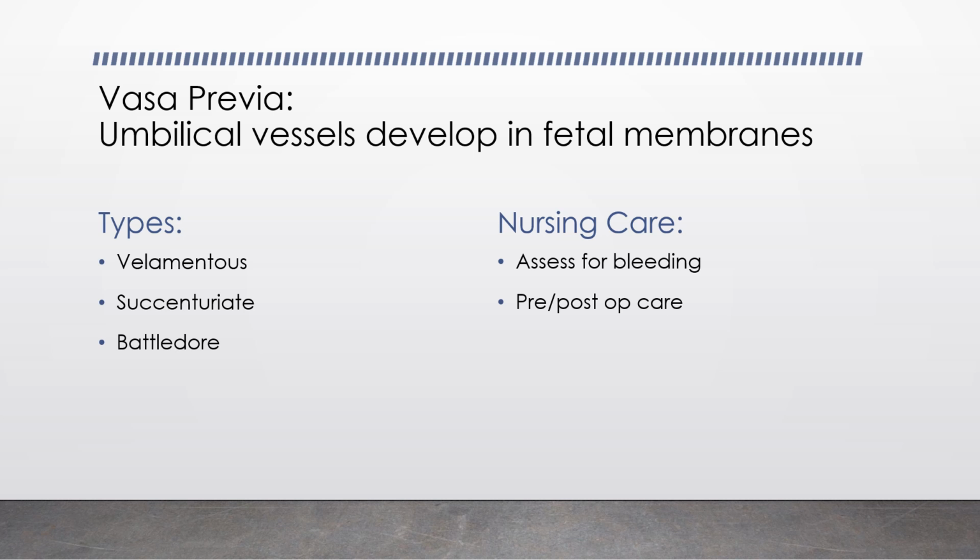Usually this is identified on fetal ultrasound, and then there's a plan for delivery, like a C-section, because if these vessels tear, the baby will bleed out, and that's a big emergency. So we would provide pre and post-op nursing care if the mom had a diagnosis of vasa previa.